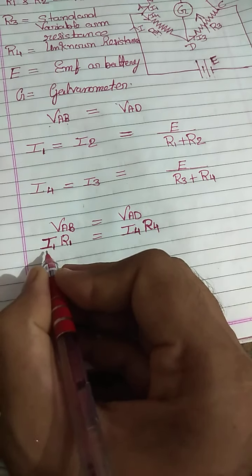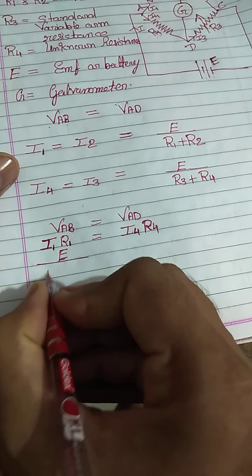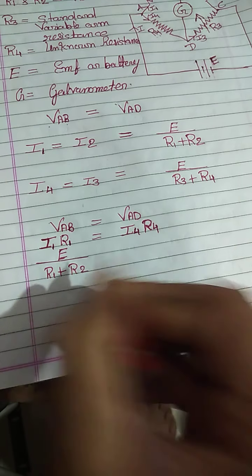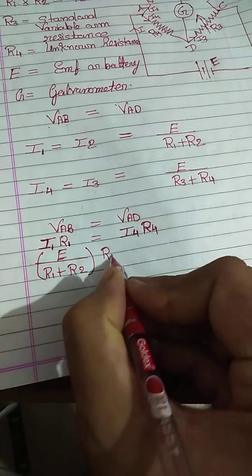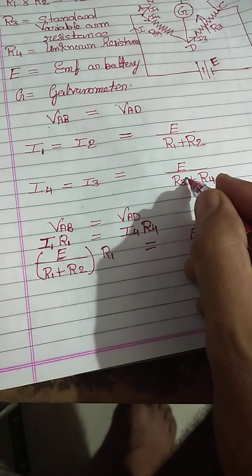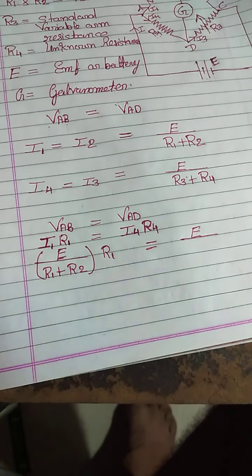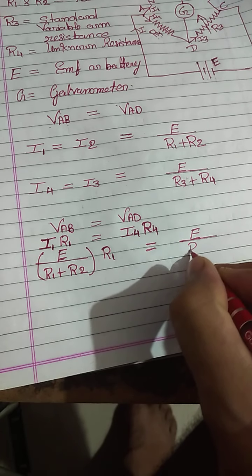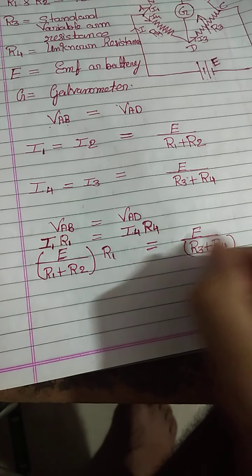I1 can be written as E upon R1 plus R2, multiplied by R1, which equals I4 into R4, where I4 equals E divided by R3 plus R4. The value of this will be placed in this equation.